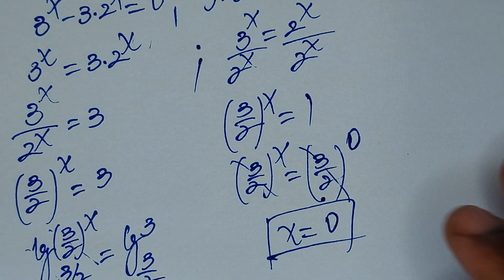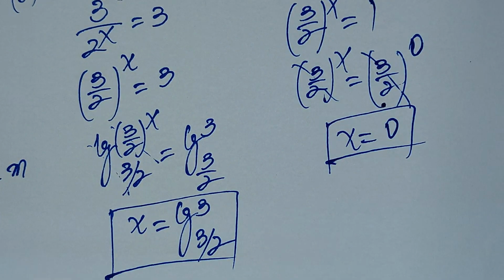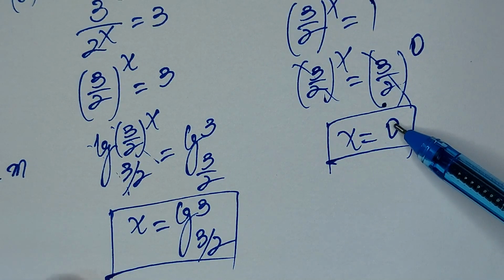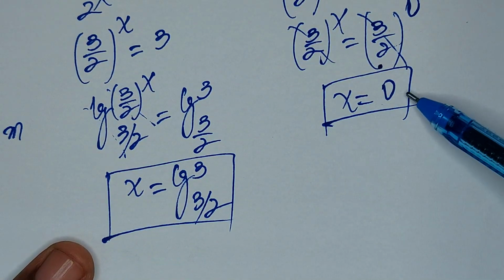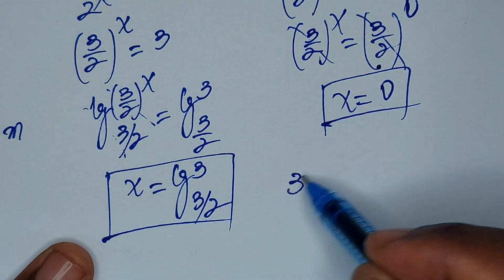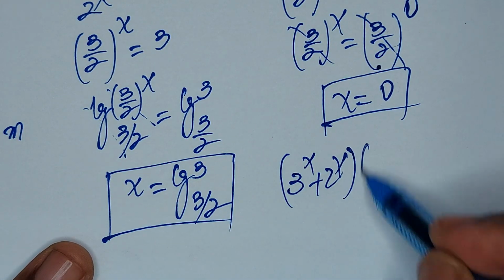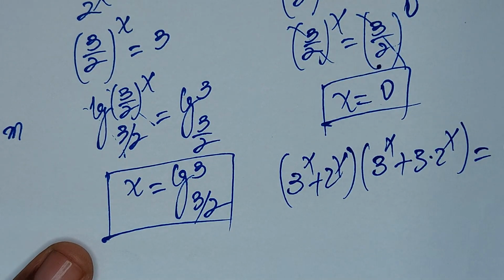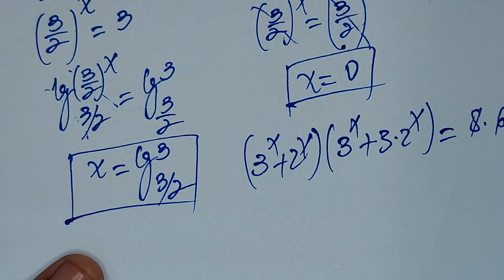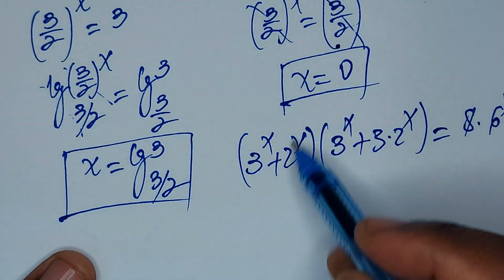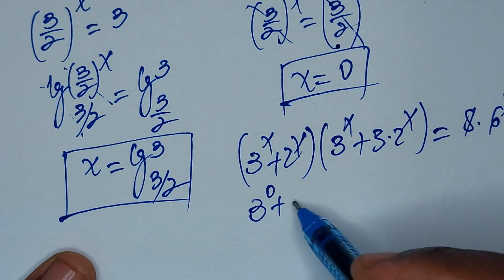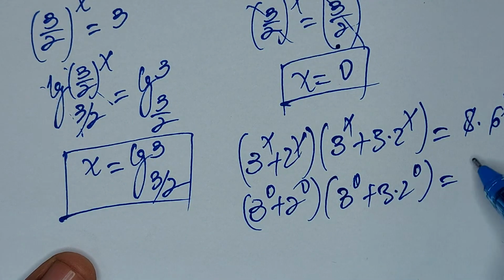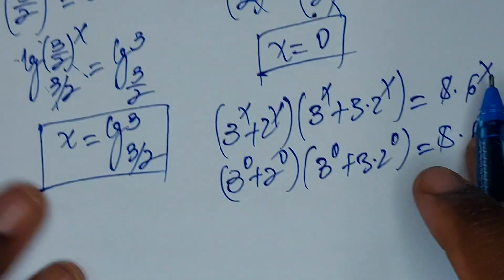Okay guys, let's take a minute to check. Let's use the solution 0 because it's easier to check whether the equation is true or not. If x is equal to 0, our equation is 3 to the x plus 2 to the x, which multiplies 3 to the x plus 3 times 2 to the x, equals 8 times 6 to the power of x. So if x is 0, we have 3 to 0 plus 2 to 0, which multiplies 3 to 0 plus 3 times 2 to 0, and this equals 8 times 6 to 0.